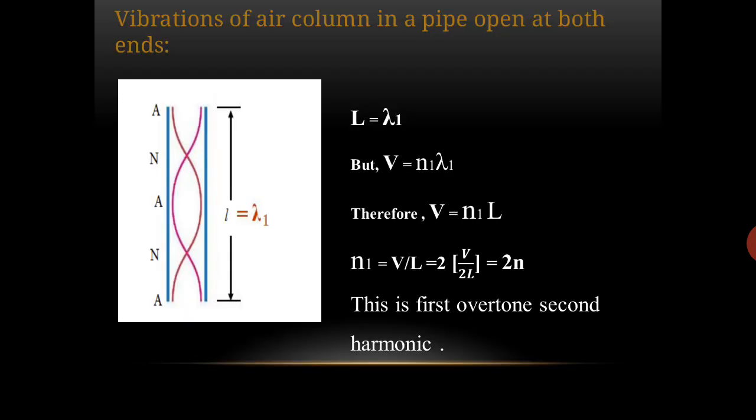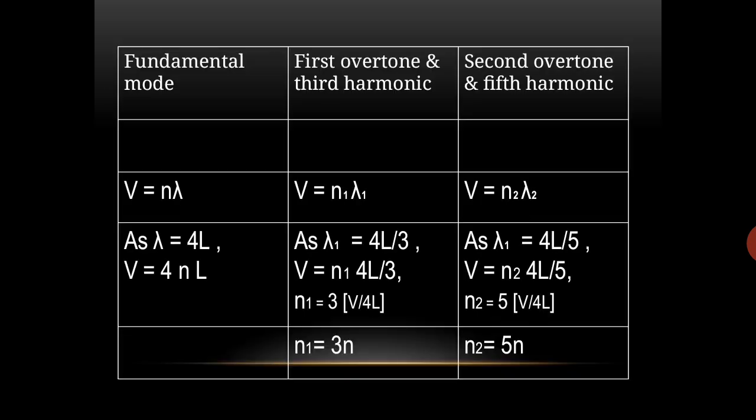So here I am giving one table over here. This table is helpful to understand and to do the comparative study of the fundamental mode, first overtone and third harmonic, second overtone and fifth harmonic, and you can continue like third overtone and seventh harmonic.